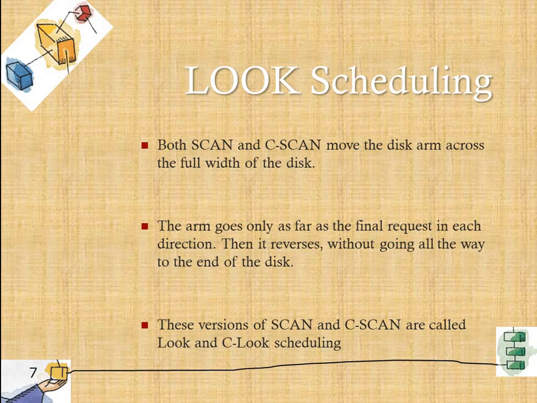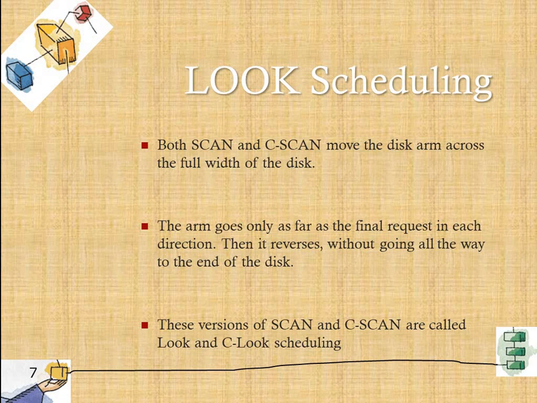So again we are wasting disk arm movement on a location which has not been requested, that is moving from 14 to the 0th position. In case of LOOK scheduling, this problem has been solved.